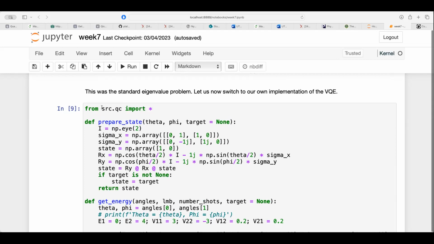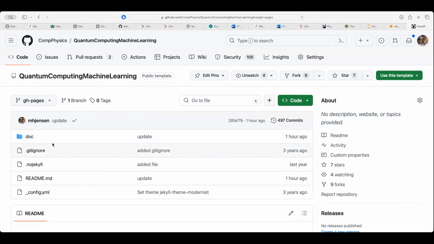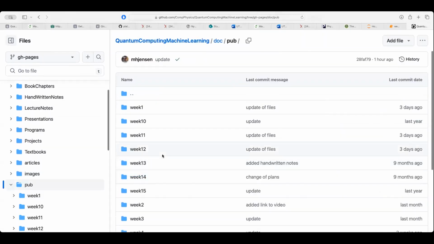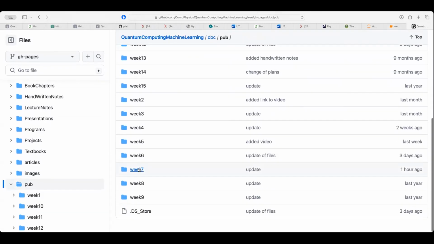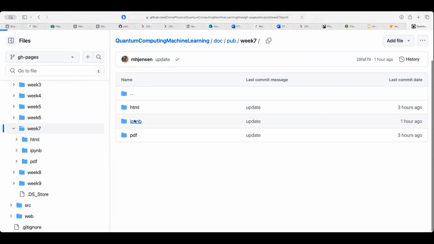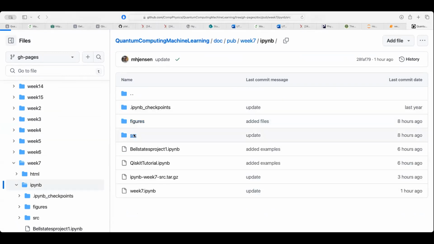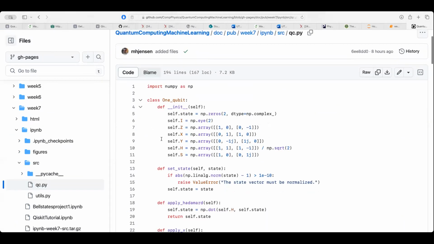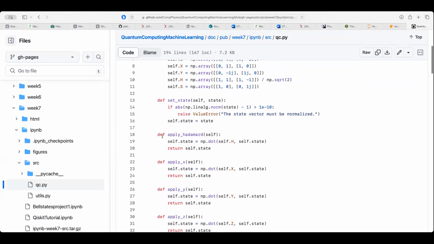And I invite you to take a look at this folder. If you go to the course folder, go to public, and look at week 7, the Jupyter notebook, you will find this file where you have the one-qubit class.